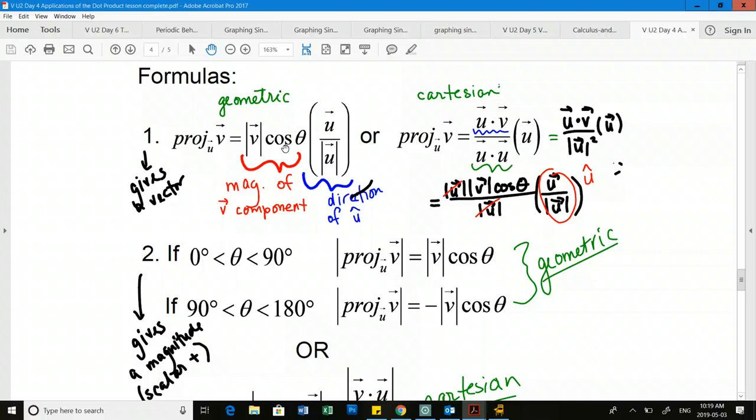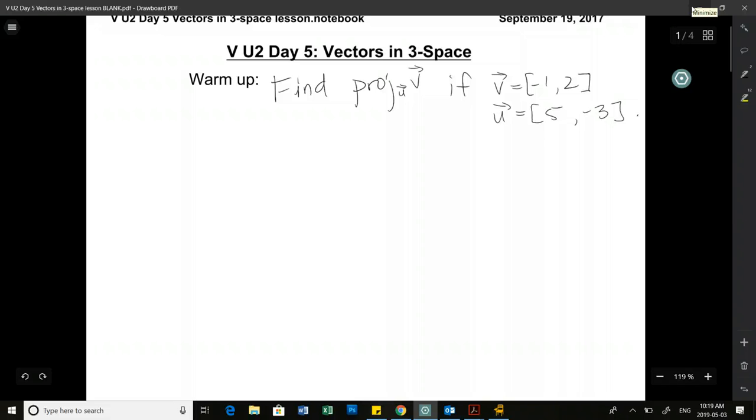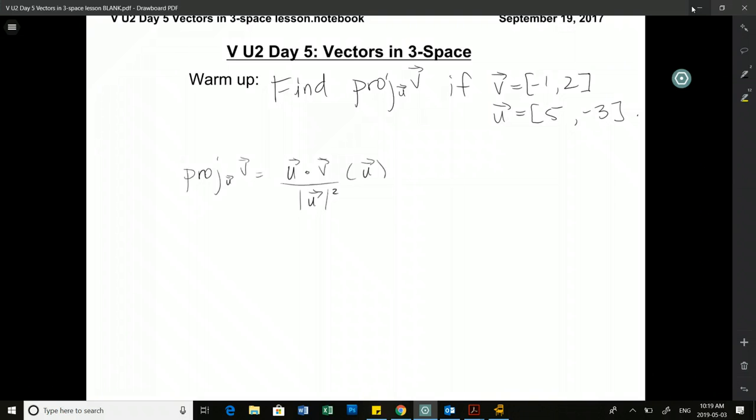So I'm using the one on the very right, where it says U dot V over the magnitude of U squared times vector U. So that is what I'm starting out with here. U dot V over magnitude of U squared times vector U. So different than dot vector U.